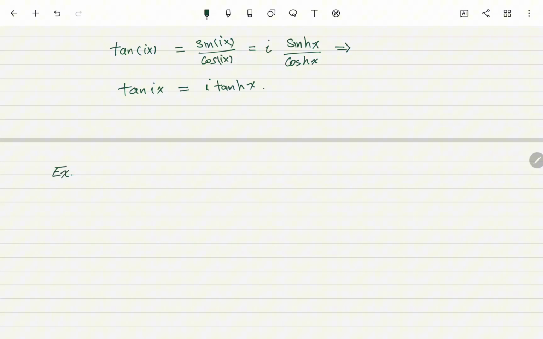Example, calculate sine hyperbolic ix, cosine hyperbolic ix and tan hyperbolic ix.